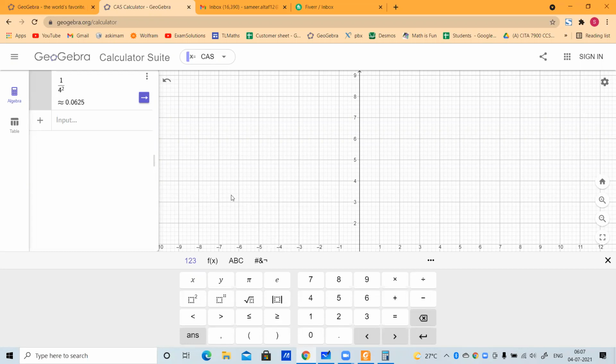But when I use the rule which I told you, 1 divided by 4 squared can be written in the numerator also as 4 to the negative 2, changing the sign on the exponent.